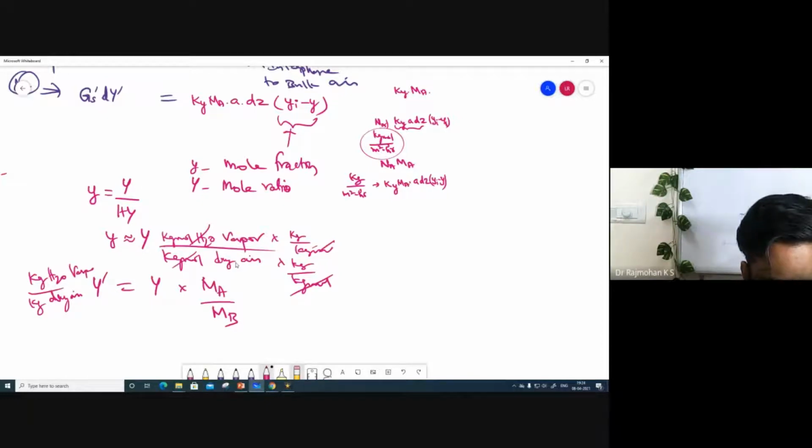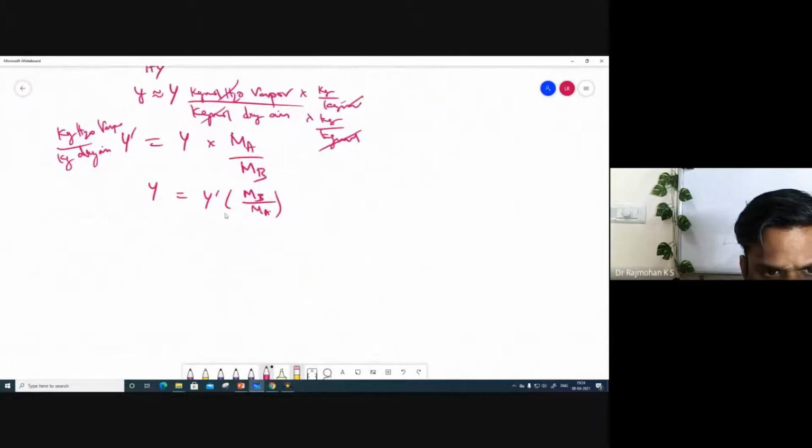Or if we rearrange this, we have Y equal to Y dash into molecular weight of B by molecular weight of A. I will just rearrange for simplicity: Y equal to MB by MA into Y dash.